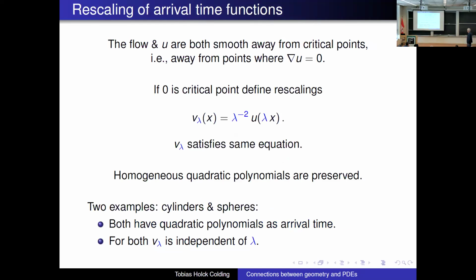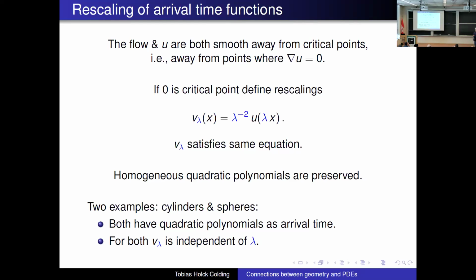And so now, how do we prove differentiability? The key about this nonlinear equation is that it's ill-defined where the gradient vanishes. Where the gradient doesn't vanish, you can prove by classical methods that you get smoothness.